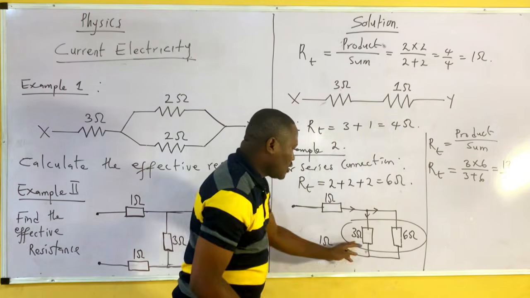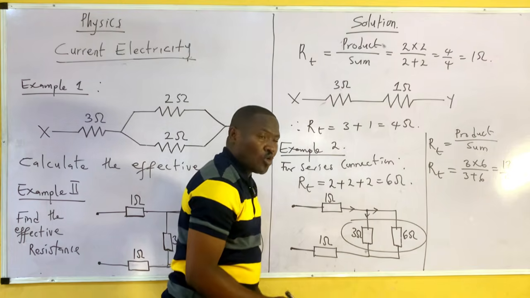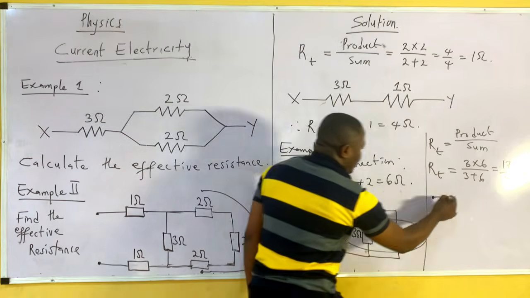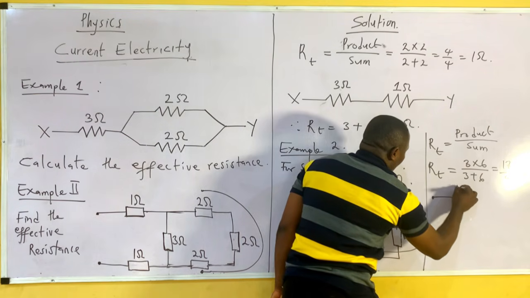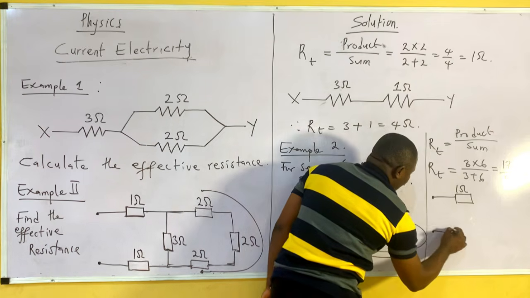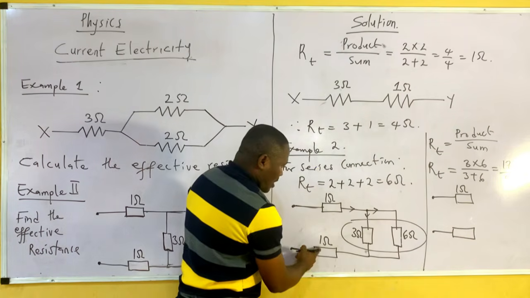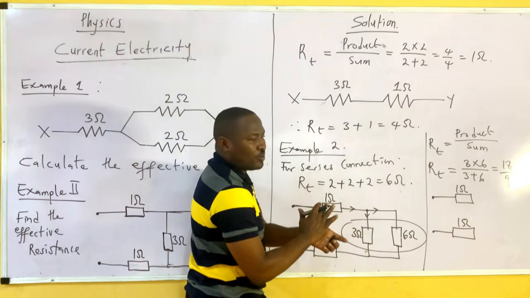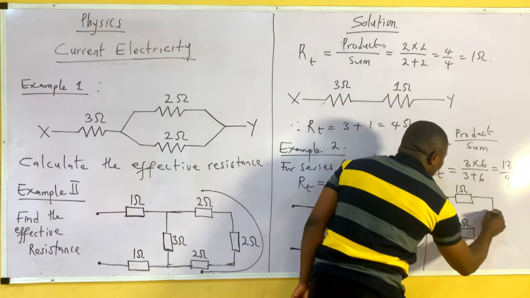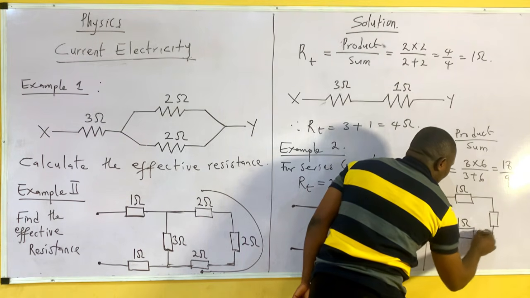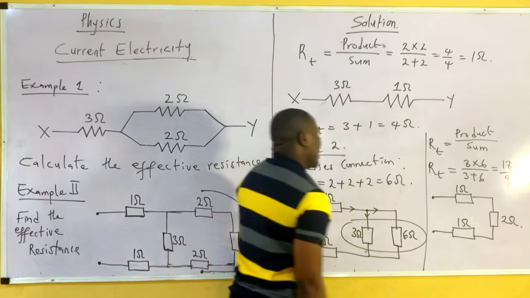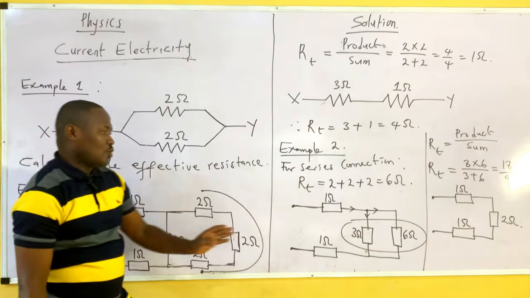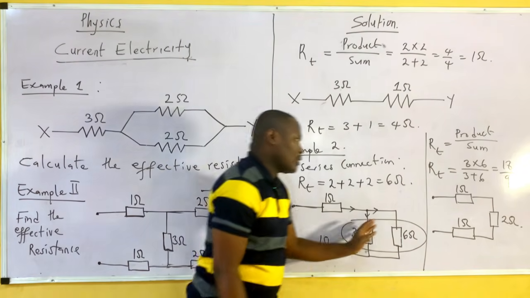So now I have solved this out to become 2 ohms. What is now my new circuit? My new circuit is now this with 1 ohm. Then I have this again with 1 ohm again. Now this one has been solved, compressed to just 2 ohms. Look at it here. So now the circuit that started here went from here to here, now from here to here.